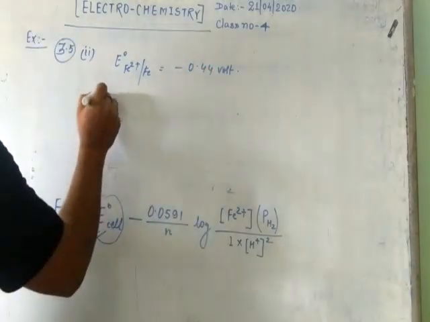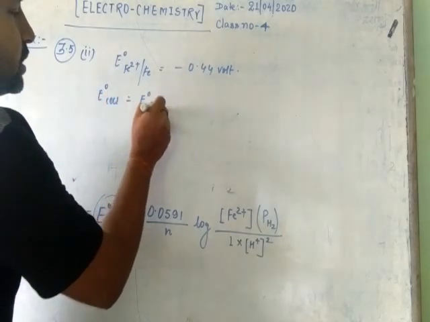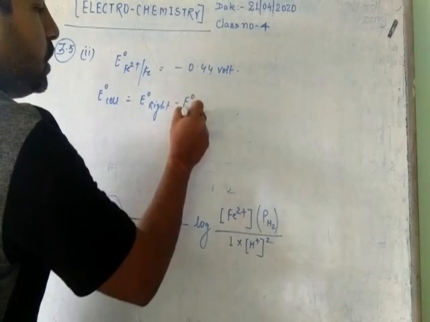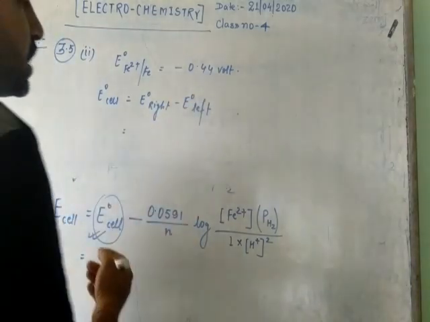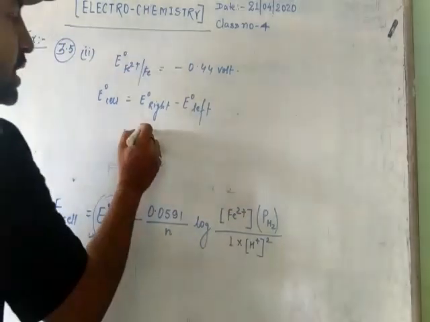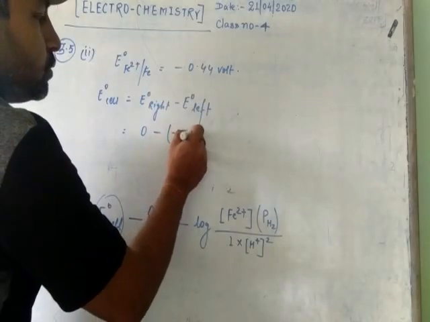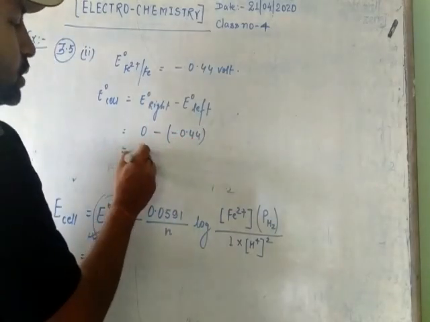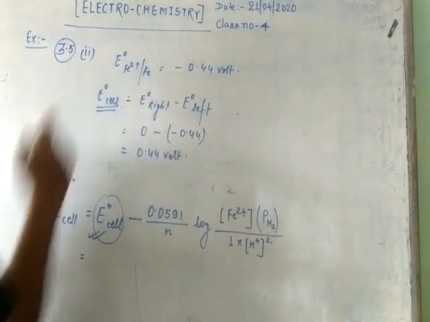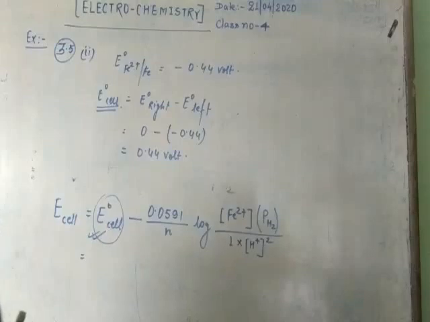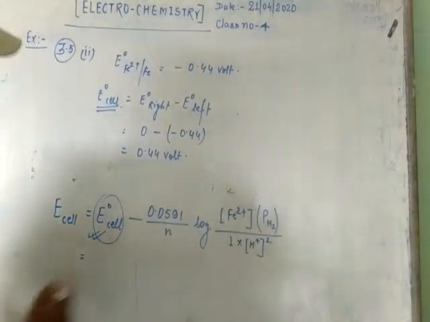Now we calculate E naught cell equals E naught right minus E naught left. E naught right is SHE, which means 0, minus the left, 0.44. So 0.44 volt is the standard cell potential.